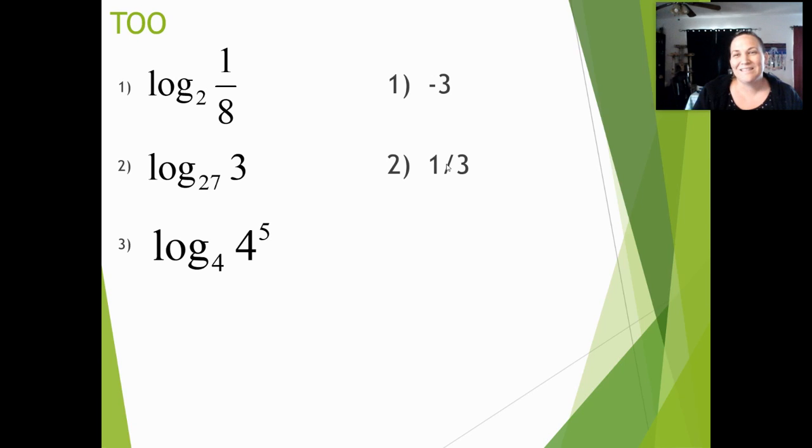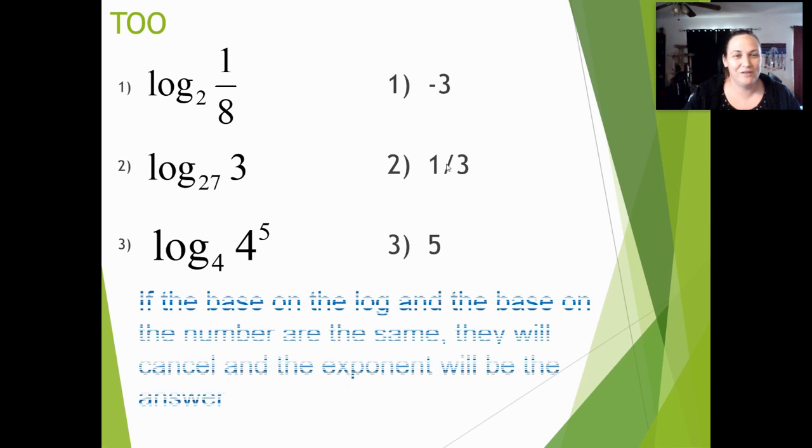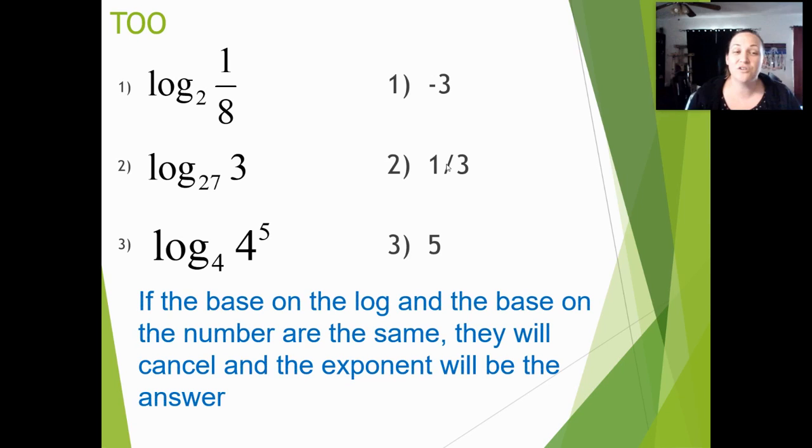All right. Number 3, 4 to what power equals 4 to the 5th? Now, it's kind of a trick question. 4 to the 5th is 4 to the 5th. So here's another little helpful hint. If the base on your log, the little number down here, and the base on your number, this number right here, are the same, then they can cancel out, and your answer is just the exponent.